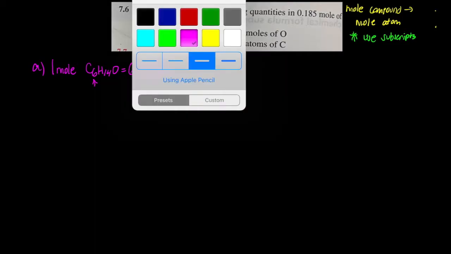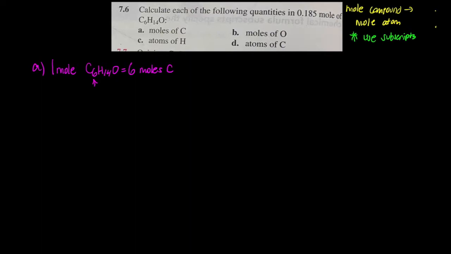And when we write out the conversion, we start out with the given quantity. We have 0.185 moles of this formula. And we want to place things about this fraction bar for the units to cancel.